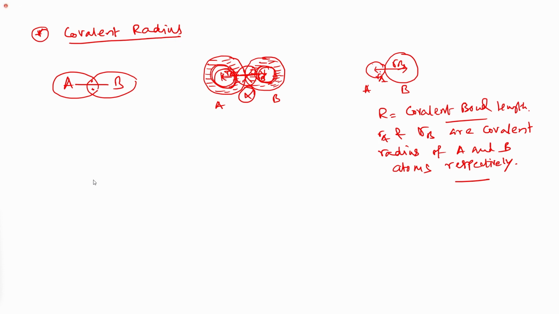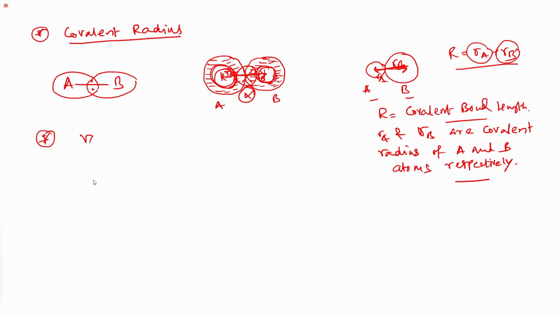They are attached by the core, so R is equal to RA plus RB. This is called the bond length, and RA and RB are the covalent radii of the corresponding atoms A and B.